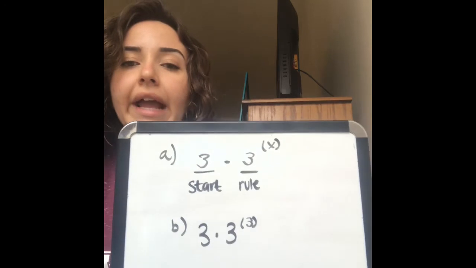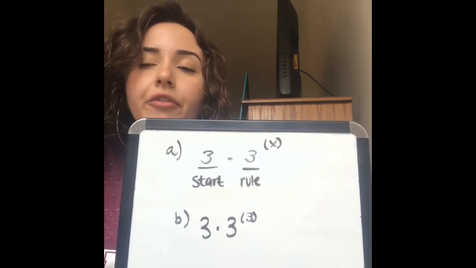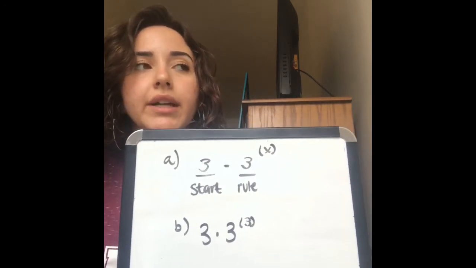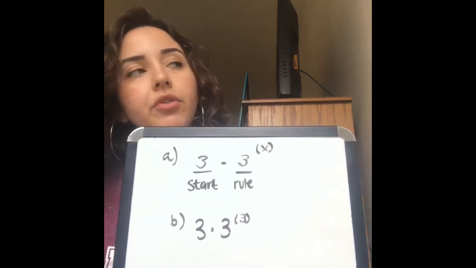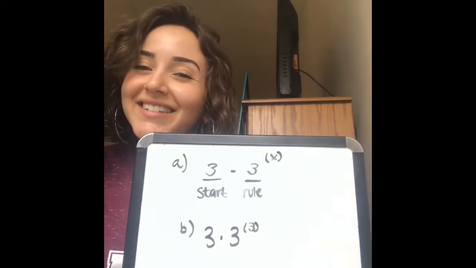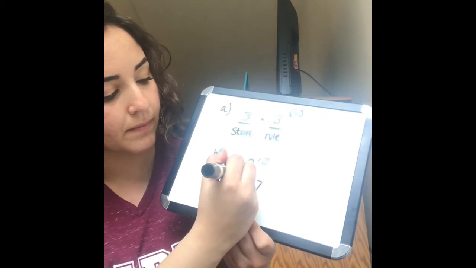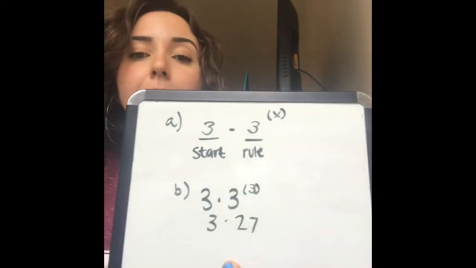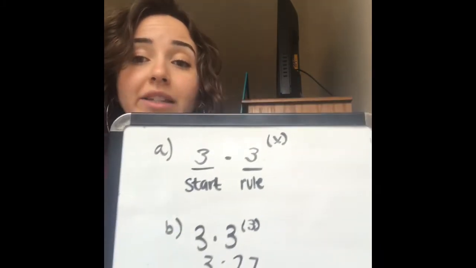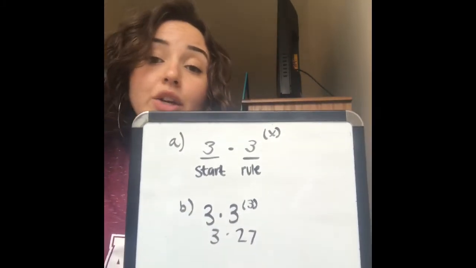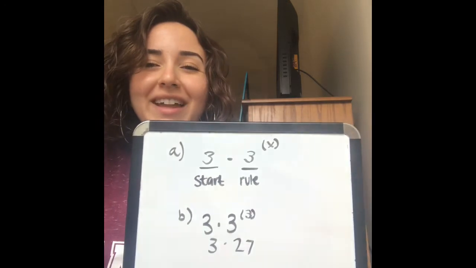So we're thinking 3 to the power of 3. Well, that's 3 times 3 times 3, which is, you guessed it, 27. For your last step on part B, you just need to multiply 27 by 3, and that'll tell you how many people were infected in 3 days.